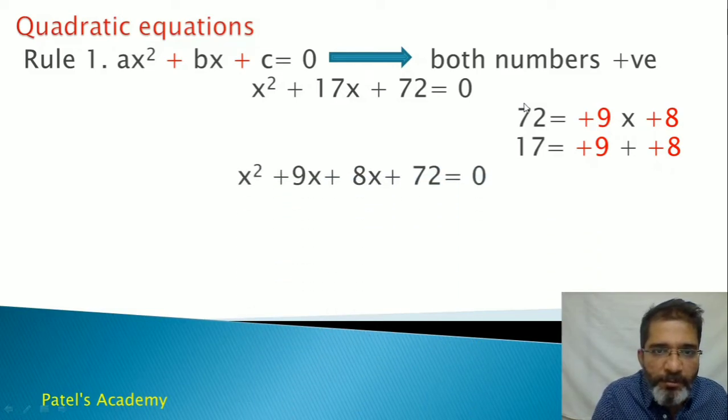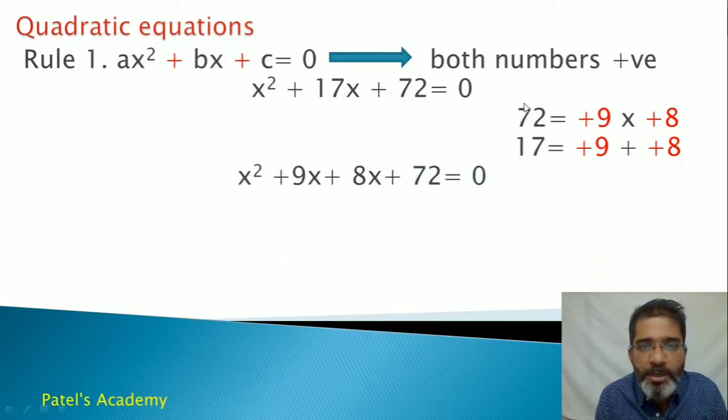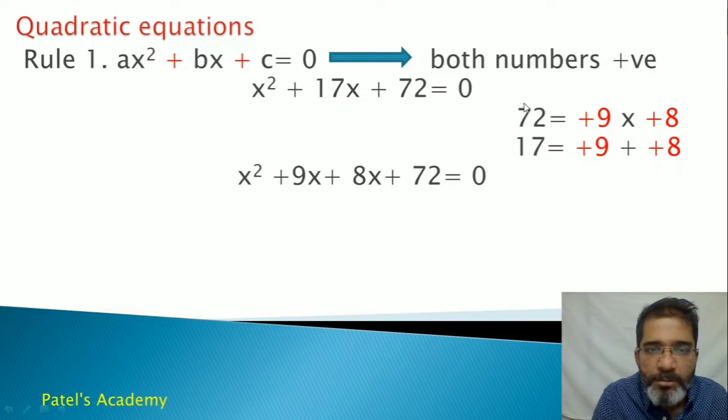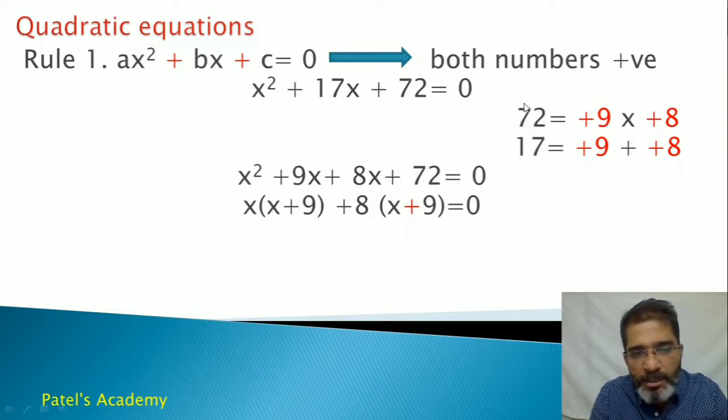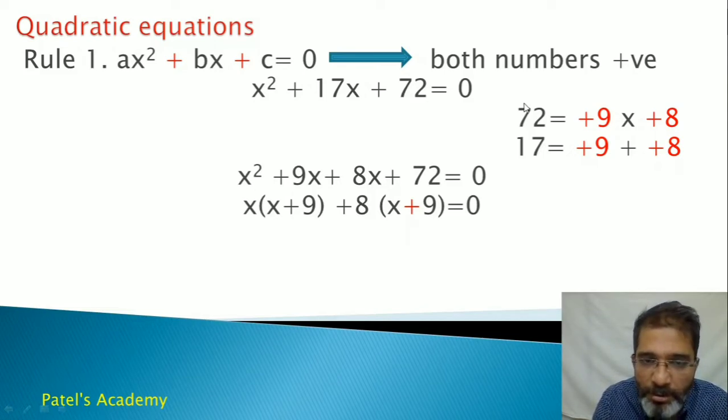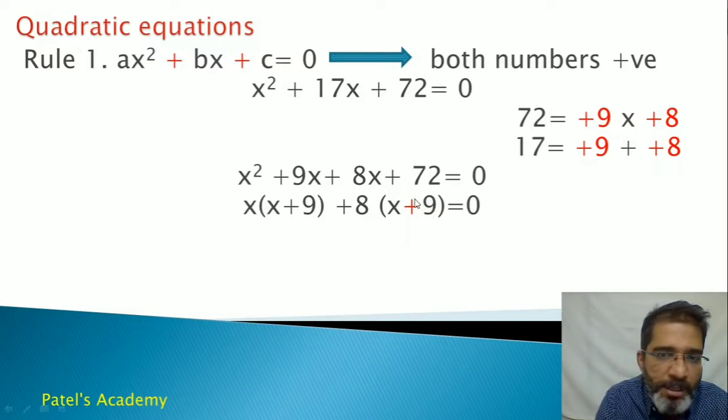When I split 17 as plus 9 and plus 8, we have a total of four terms, and then we factorize. Taking x common from the first two terms, we get x plus 9. From the second bracket, we take plus 8 common, and we get x plus 9. I have shown the sign of 9 with a plus sign.